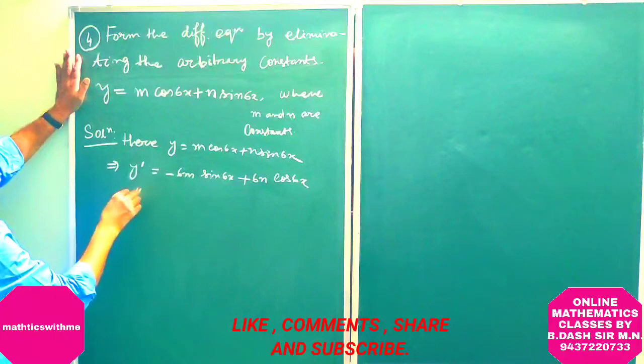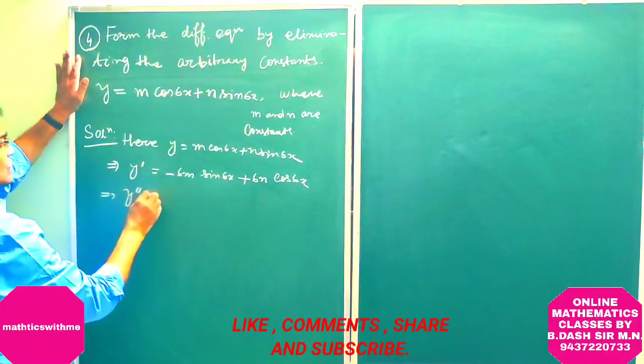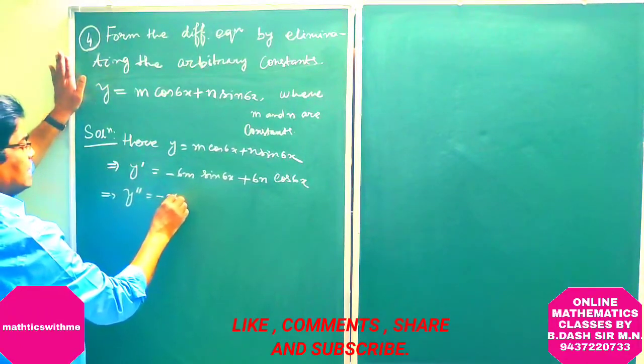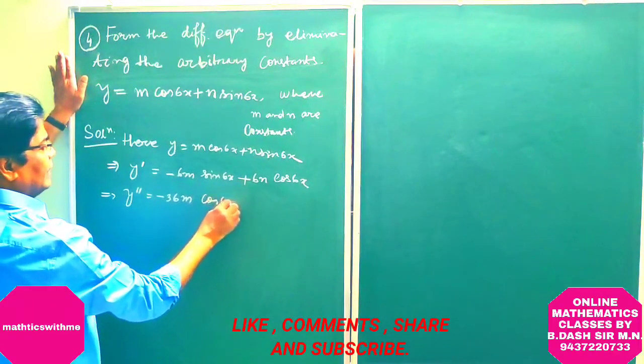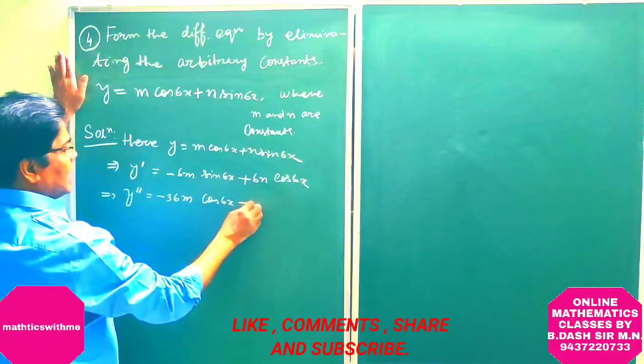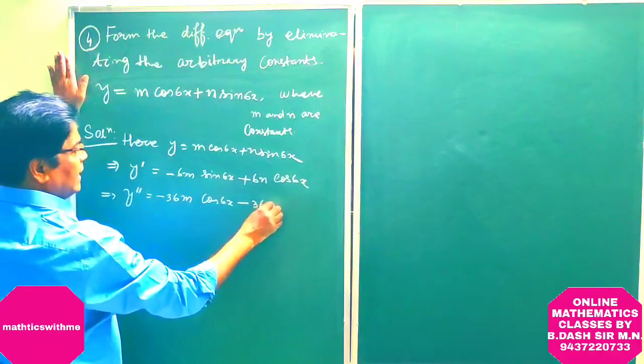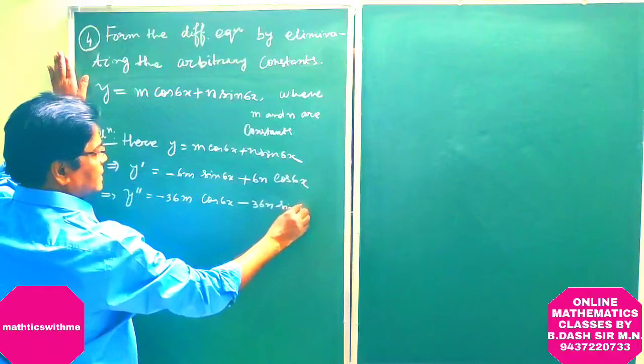Again differentiating, y double dash is equal to minus 36m cos 6x minus 36n sin 6x.